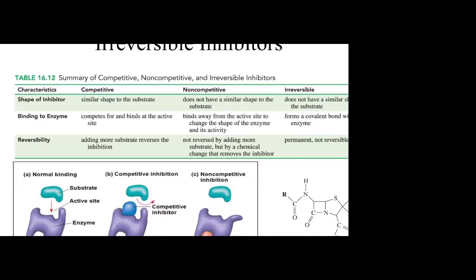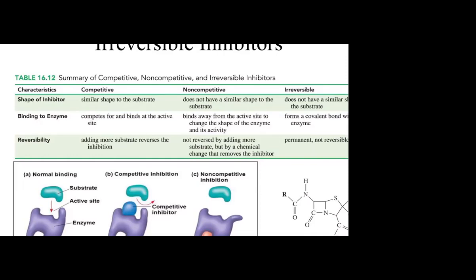So again, in a competitive inhibition system, the shape of the substrate and the shape of the inhibitor is going to be similar. They are not going to be exactly the same because they're not identical molecules, but they're going to be very similar, maybe a few functional groups away from each other.